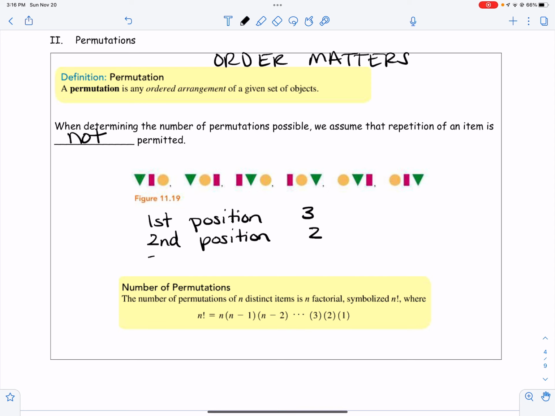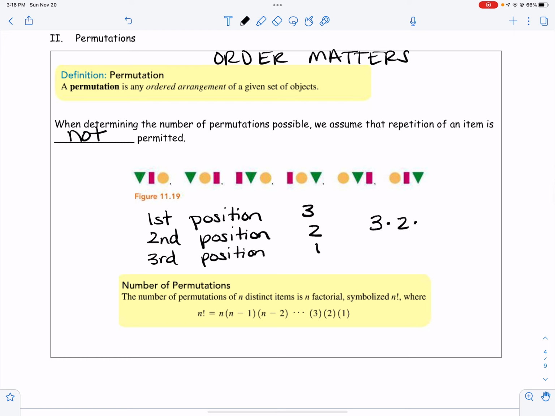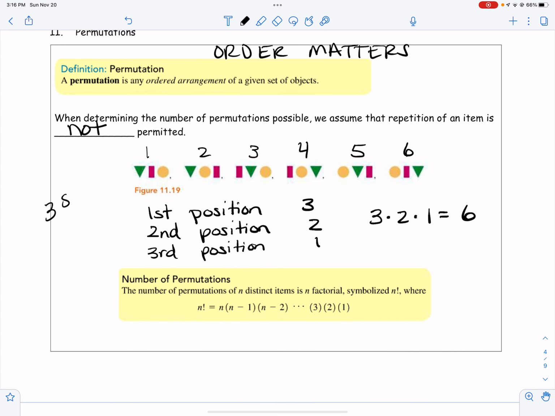And then for the third position, we only have 1 choice left. And so when I multiply those out, that gives me the 6 different arrangements that I can make with those shapes, okay? So we have 3 shapes and 6 different arrangements.